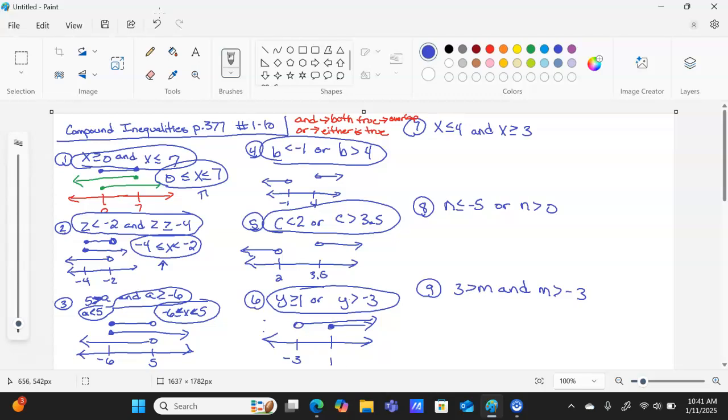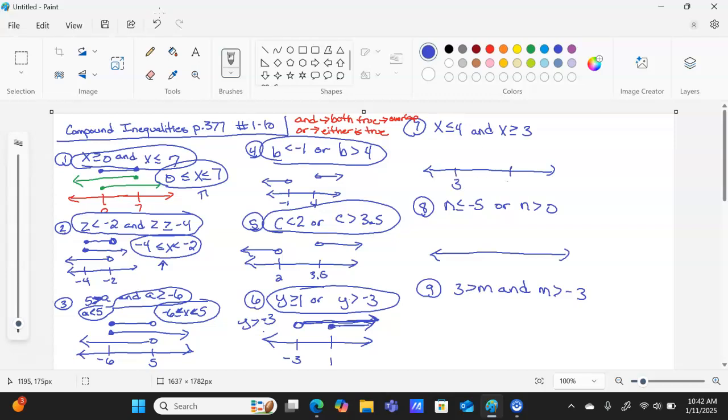The answer is just from here over, because this graph here would overlap that one and get it included. So the answer on that one is just y is greater than -3. So it's not with an or always just the original answer. I think in this section it is, because they're just trying to teach you that the or is where either one of them is true and the and is where they're both true.